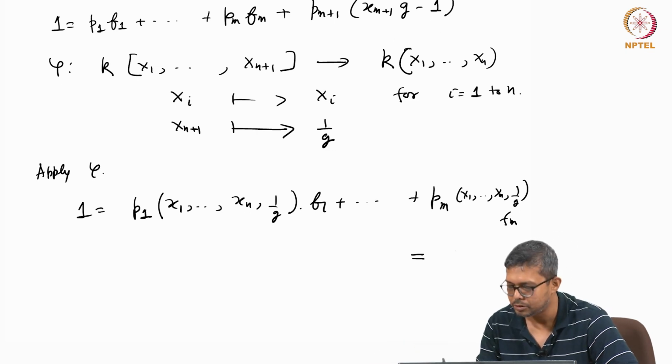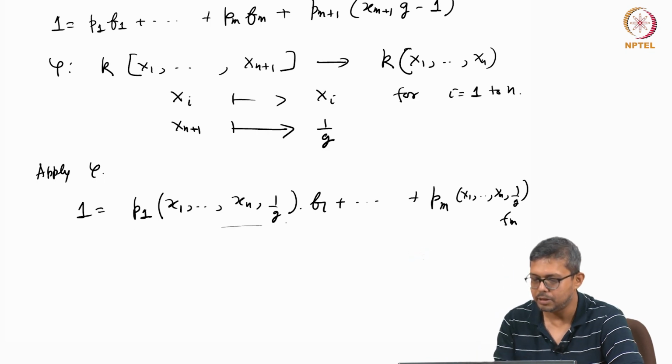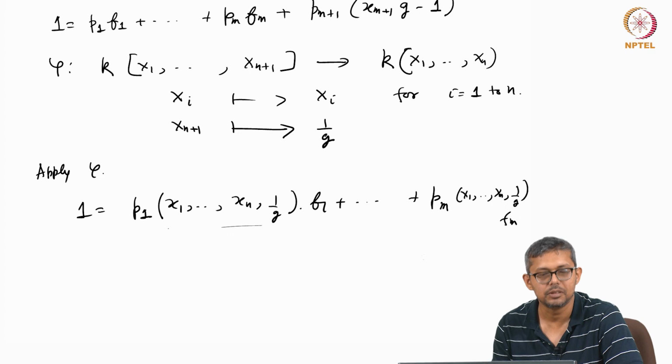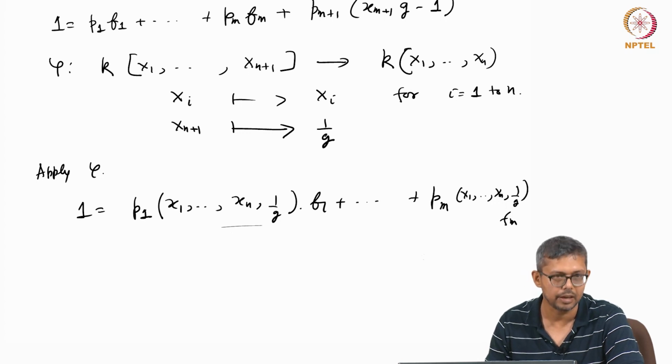So this will be equal to 1, but these are polynomials. If you clear the denominators, then you get some power of g in the ideal generated by f1, ..., fm in K[x1, ..., xn]. So, you are done.